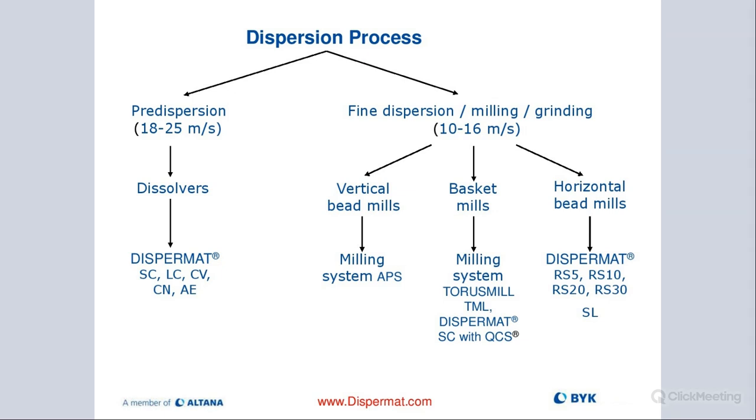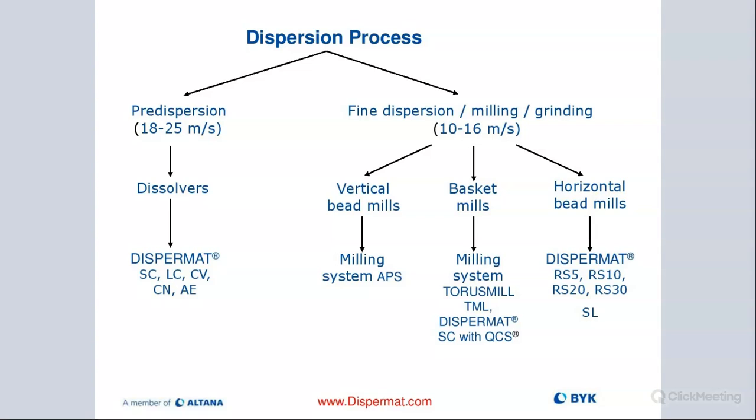So in the pre-dispersion process, it's important to remember always the tip speed is the critical value that we need to look at. How fast is our blade spinning? We should be between 18 to 25 meters per second when we use a dissolver. And we have different types of dispermats for that.